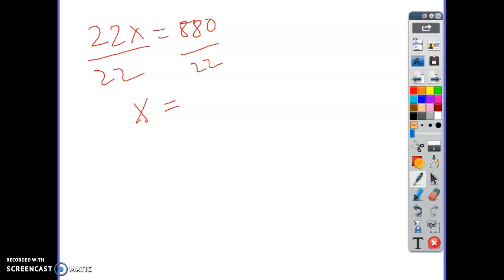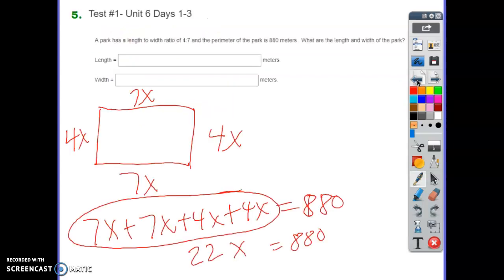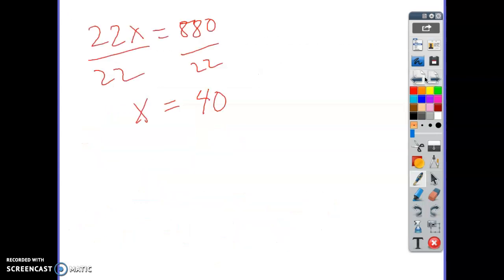And so I'm getting x equals 40. You can go ahead and use your calculator. But that is not the answer, because they're asking for the length and the width. The length is 7 times the value of x, and the width is 4 times the value of x.